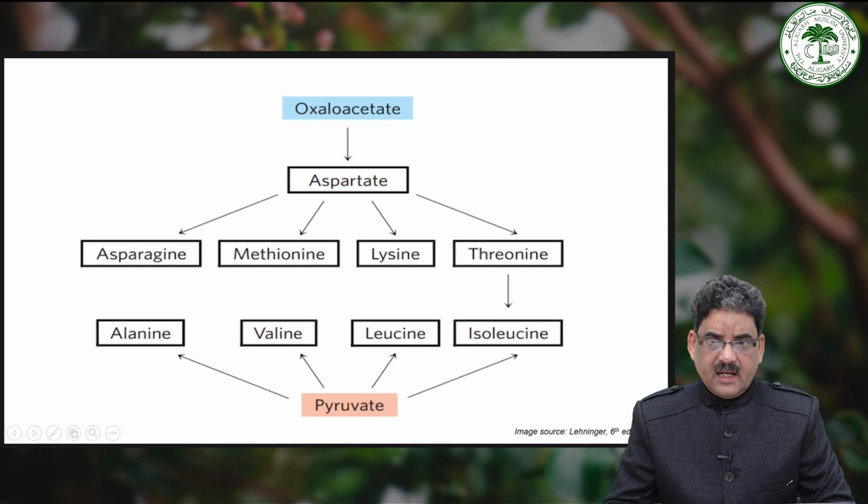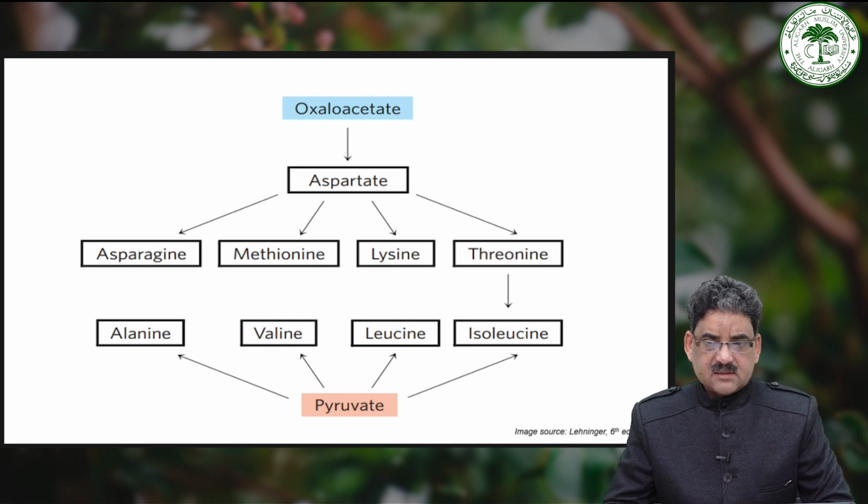Alanine and aspartate are formed through transamination from glutamate using pyruvate and oxaloacetate as precursors respectively.